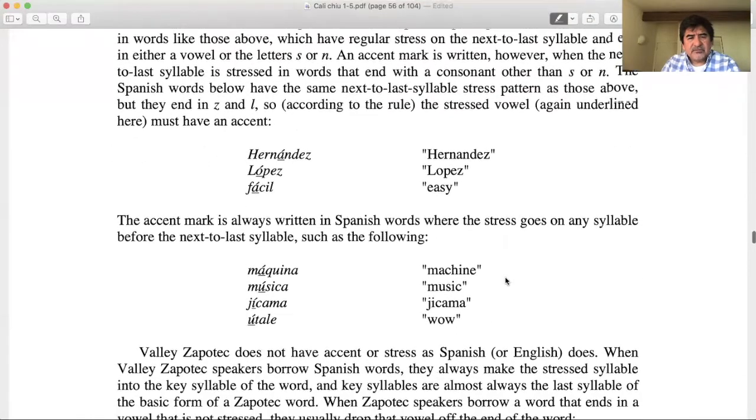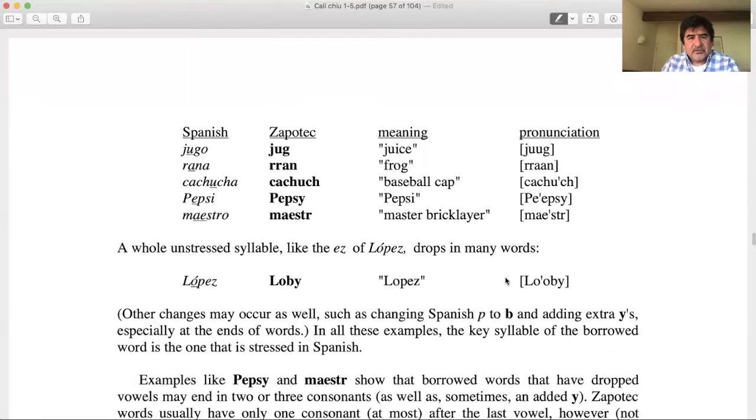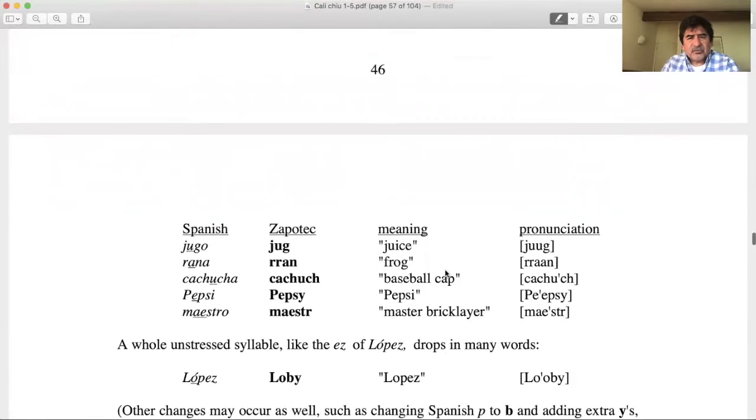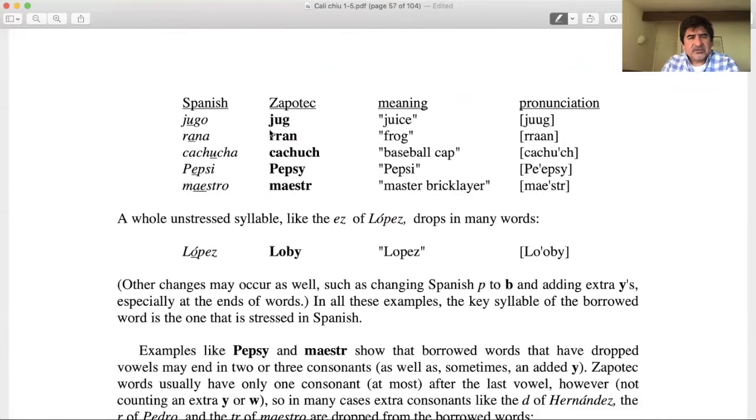So let's see, here we go. At the top of page 47, again, I'm just going to be pronouncing the Zapotec words. As I said, in this last part we're looking at how Zapotec has borrowed Spanish, and also how the pronunciation changes with time, depending on when we borrowed those words.